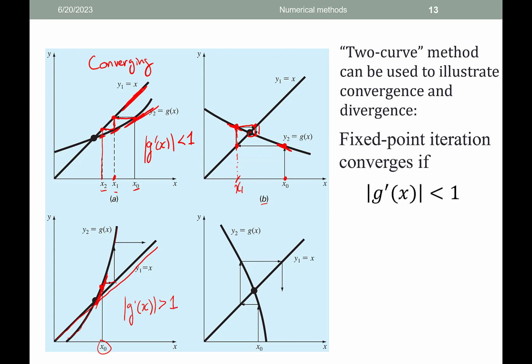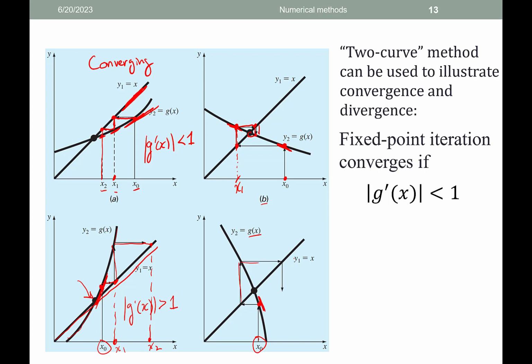We can clearly see that the next guess is moving away from the root, which is over here. You can see that again and again: this would be x1, this would be x2, and so on. So this method is diverging. Similarly, in this one, the line g of x also has a very high slope, and the same thing happens.